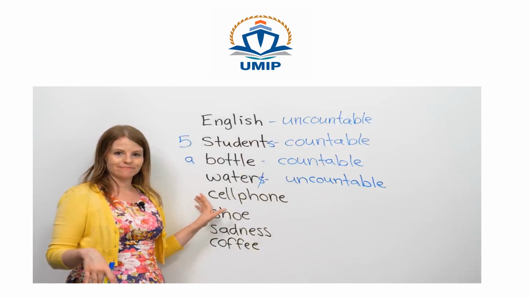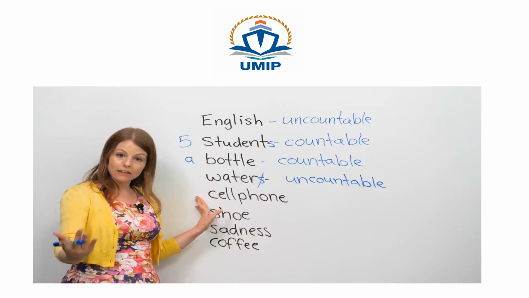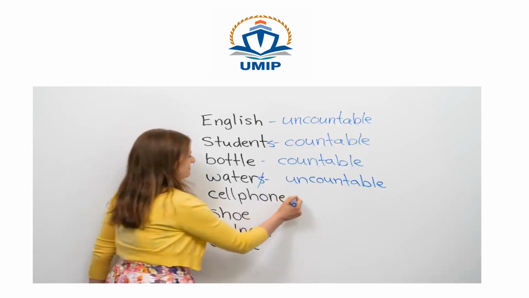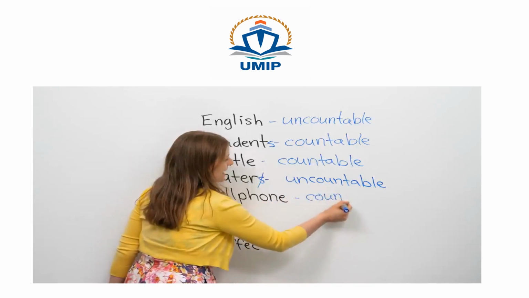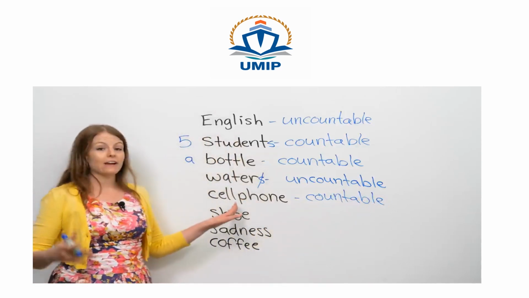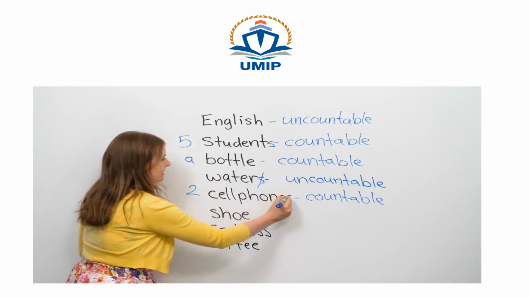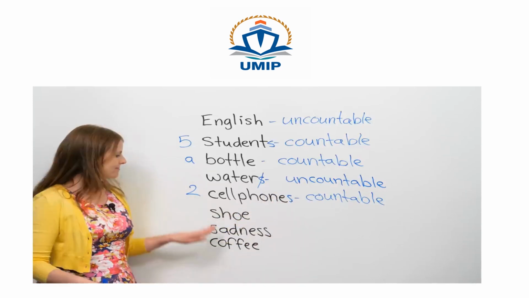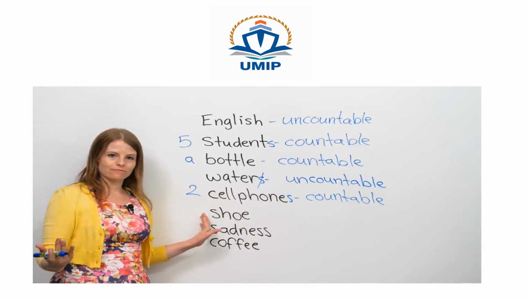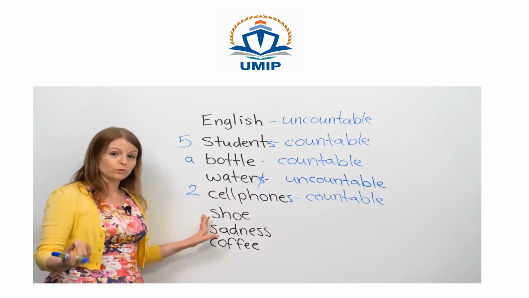Cell phone. Can we count cell phones? Cell phones are countable. They are a countable noun. So if we have more than 1 cell phone, if we have 2 cell phones, we're very lucky, and we can add an S. What about shoe? Shoe, we can actually say shoes.